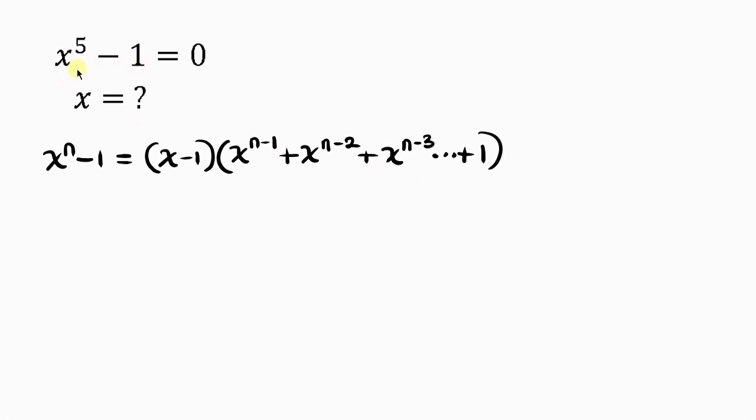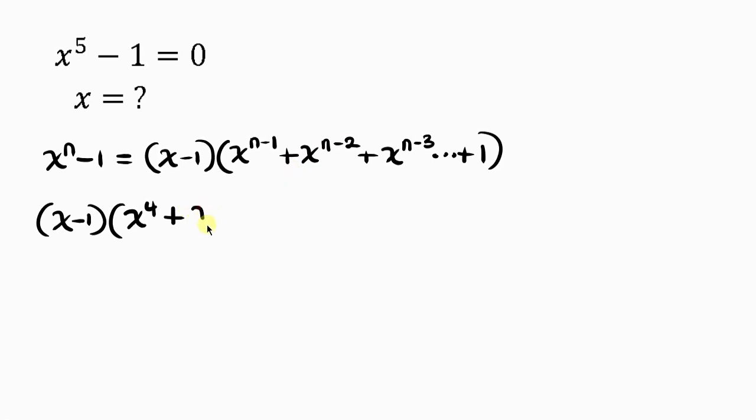And if you notice, they look very much alike. So now this expression can be x minus 1 times, remember our n is 5. So this is x to the 5 minus 1, that's 4. So this is x to the 4 plus 5 minus 2, that's 3.